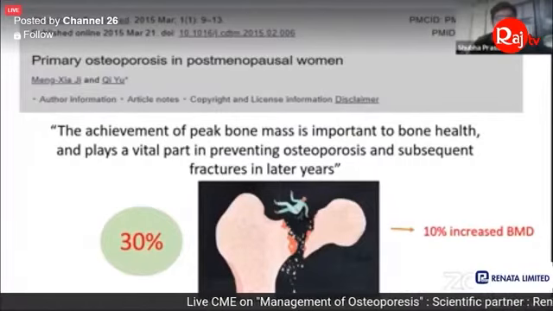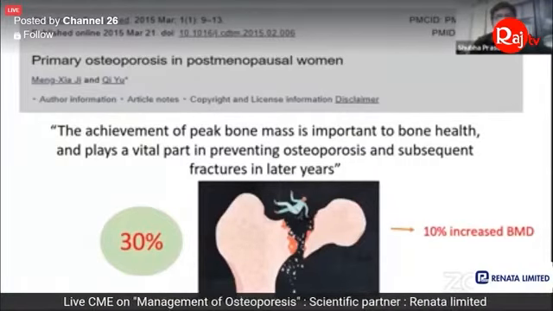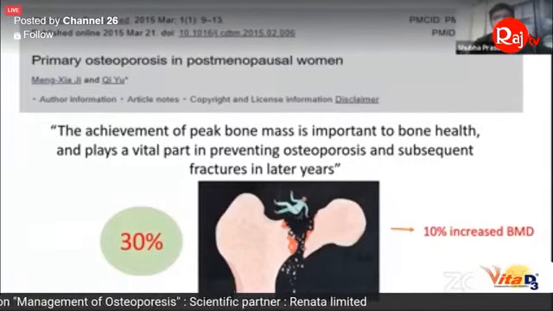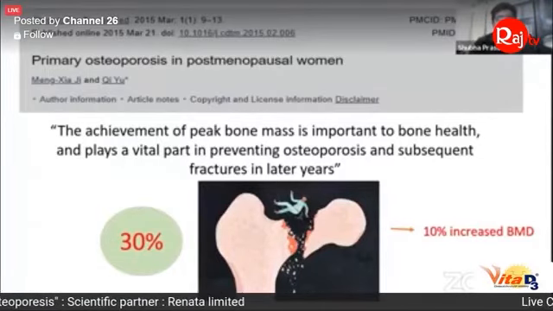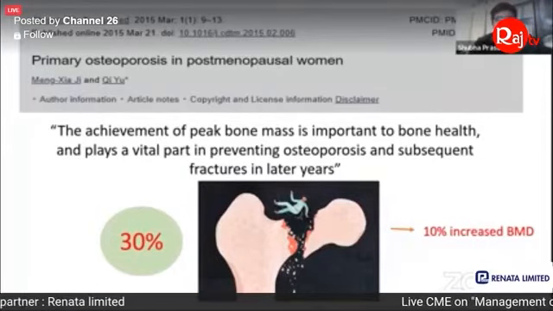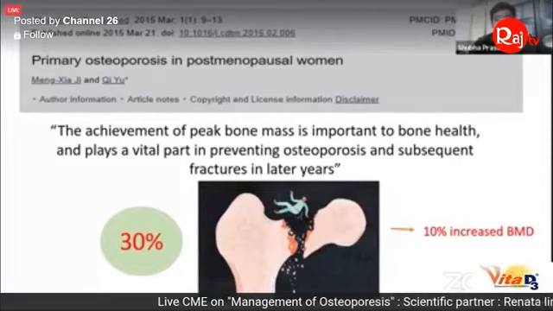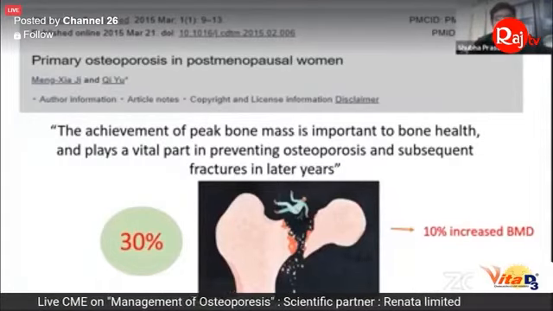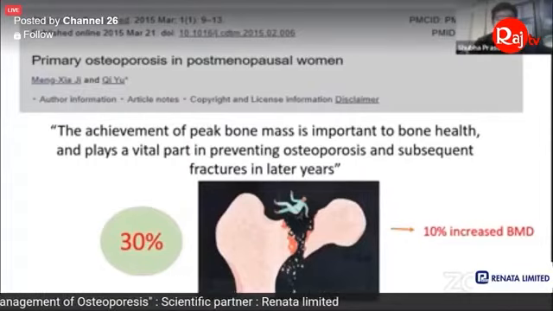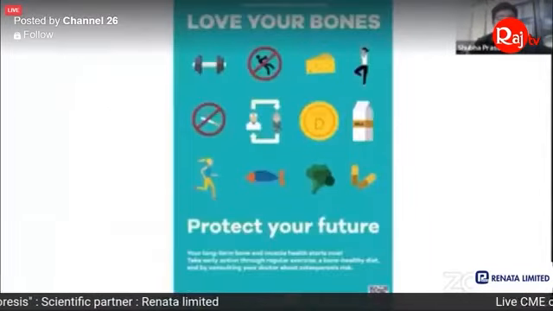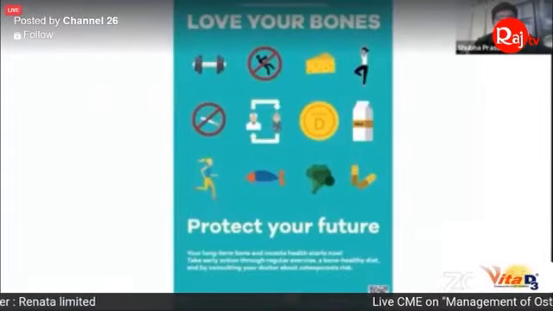It is the peak bone mass which is very important for the prevention of osteoporosis. They suggest that hip fracture could be reduced by 30% with a 10% increase in peak bone mass. I want to conclude with a poster published by the World Osteoporosis Foundation.